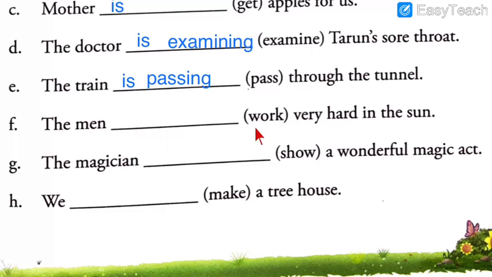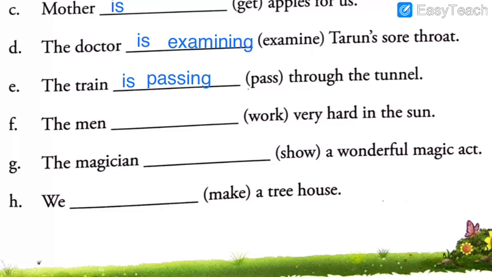Similarly, the men dashed very hard in the sun. So here you have to work very smart. Those who don't know what is a singular and plural will never know how to put am, is or are. So men, is it a singular form or a plural form?